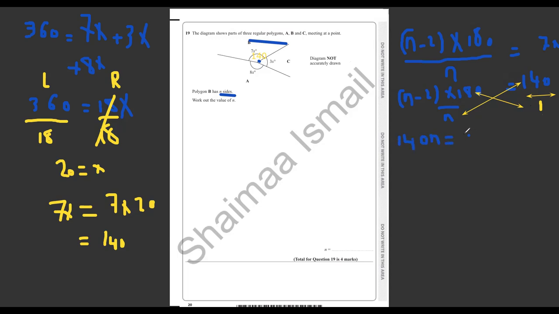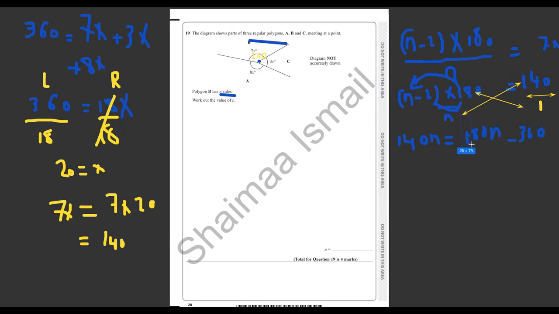are equal to, expand this bracket, 180n minus 2 multiplied by 180, which is equal to 360. I merge all the n together.